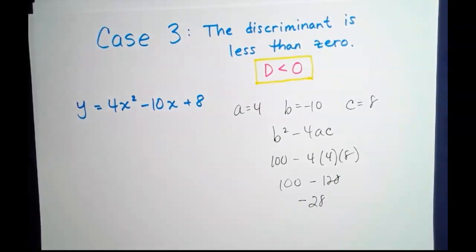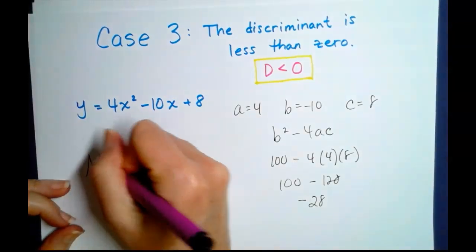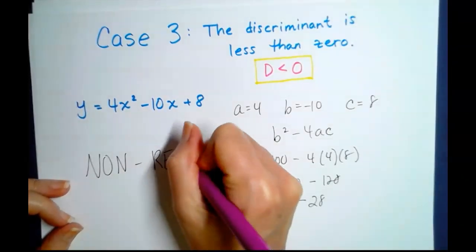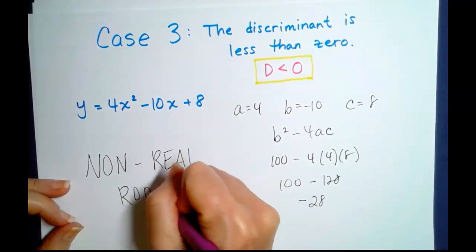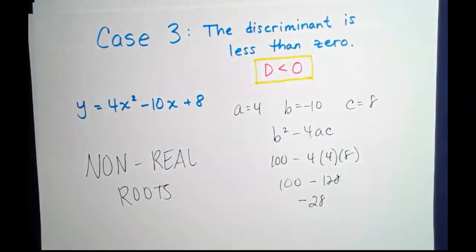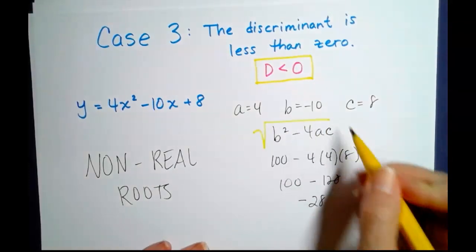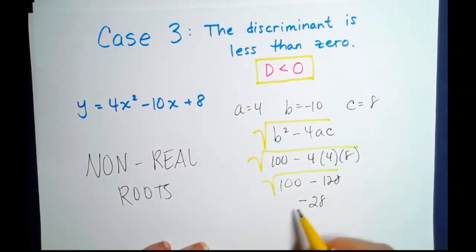Now, here's the reason I know that we have non-real roots. Remember, the discriminant is the part of the quadratic formula that's actually underneath a radical.